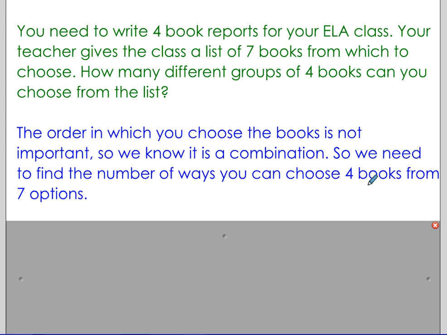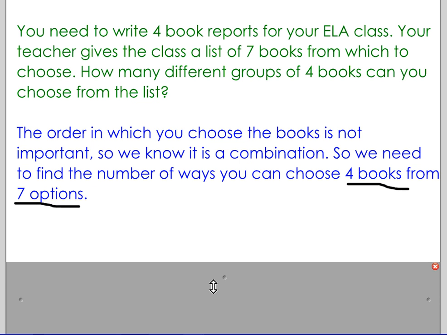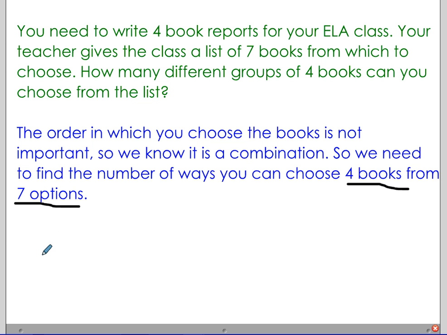Okay, so we know it has to be a combination. We need to find the number of ways you can choose 4 books from 7 options, which means that you would have 7 combination 4. Now, if you were to solve this longhand, which I'm going to show you how to do, it would be 7 permutation 4 over 4 factorial.